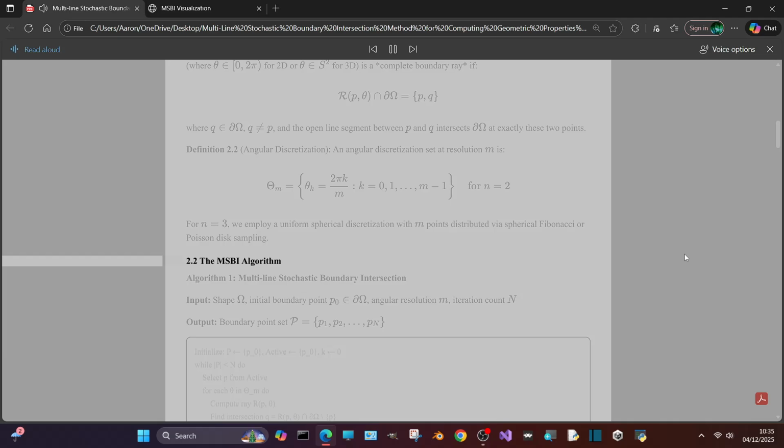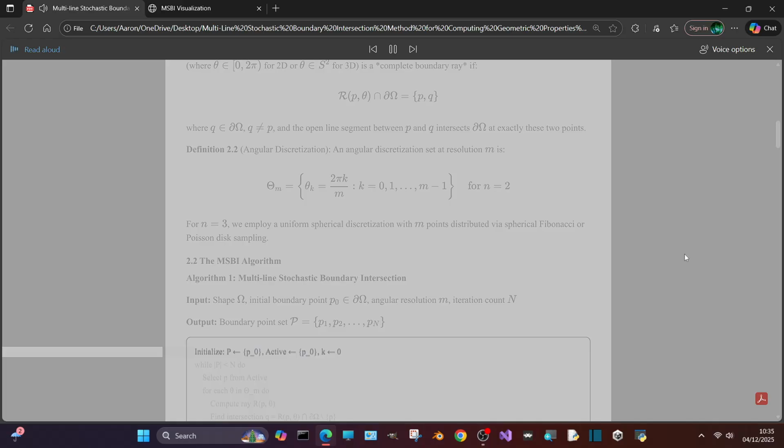2.2 The MSBI algorithm. Algorithm 1, multiline stochastic boundary intersection. Input: shape, initial boundary point, angular resolution, iteration count. Output: boundary point set.